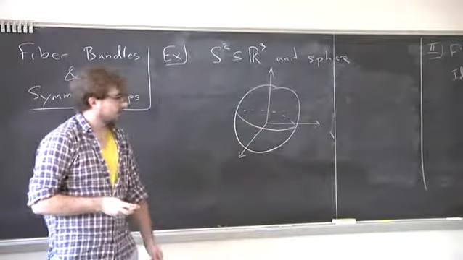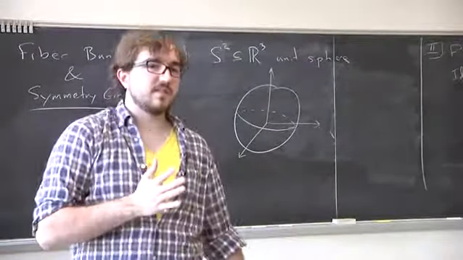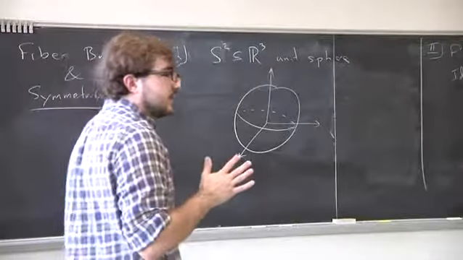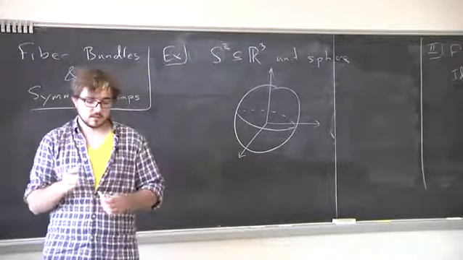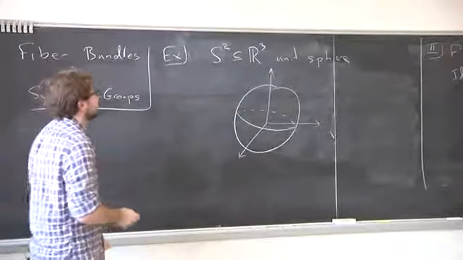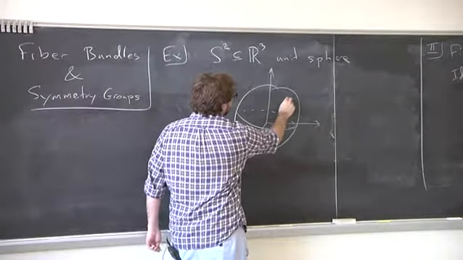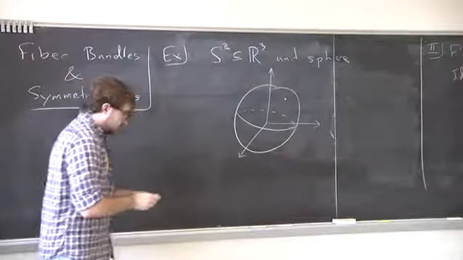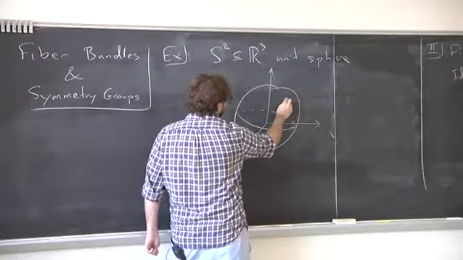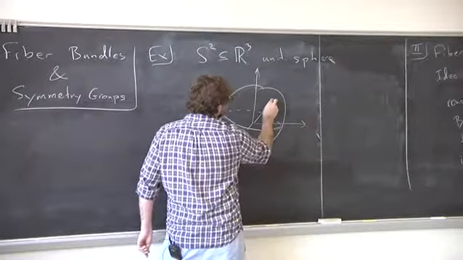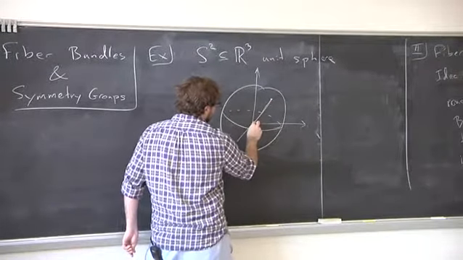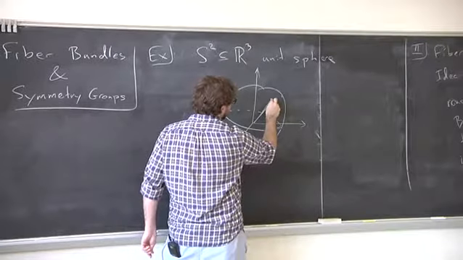Cool. All right. So this has a very natural bundle associated to it, where the fiber is a two-dimensional vector space. So here's the way that that's constructed. Let's pick a point here. That point is the same thing as a vector. Actually, I'll do this in pink. As a vector of unit length from the origin.